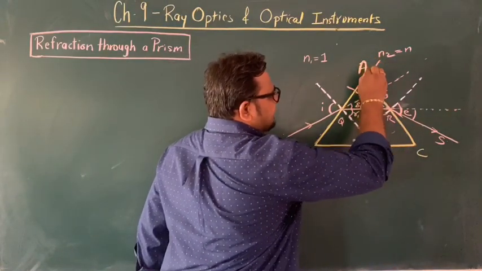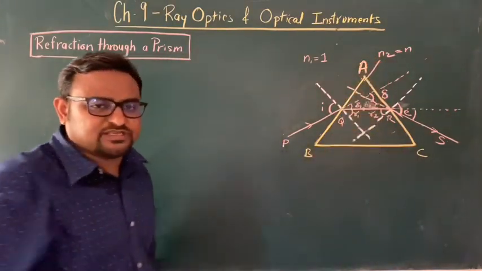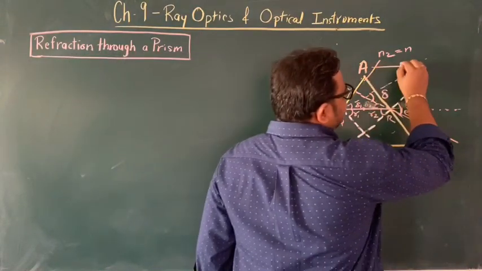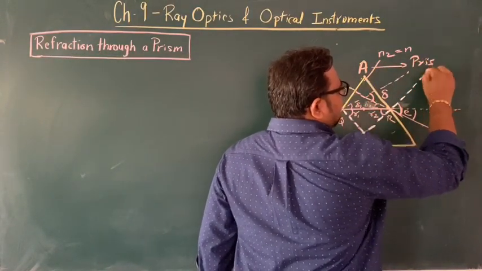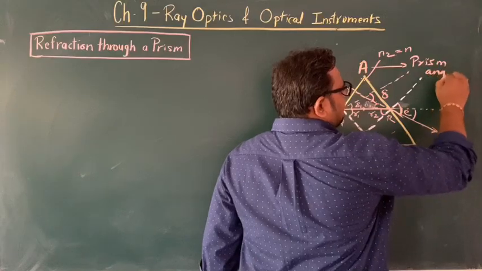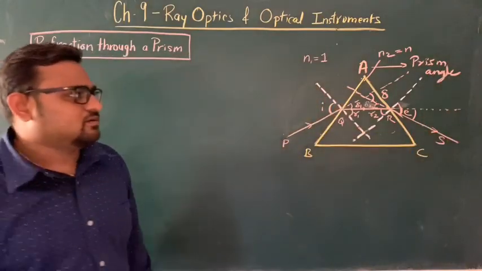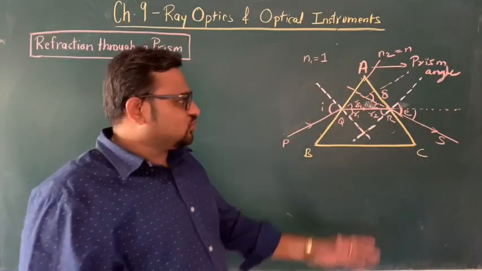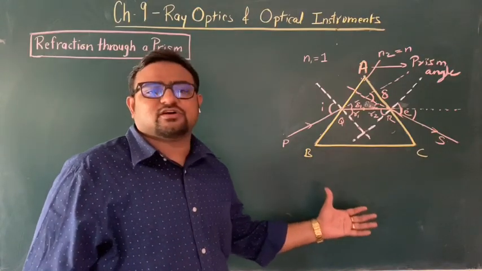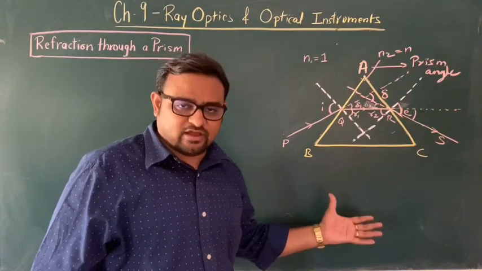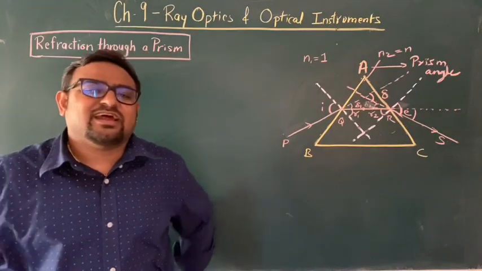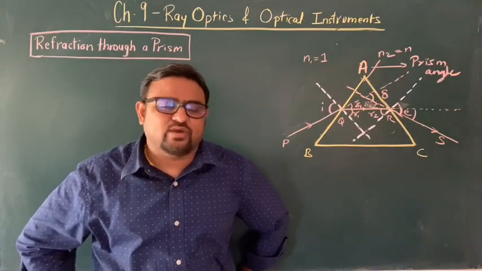A is the angle of prism. So this was about the figure. You need to first explain this figure. So first, let's derive the prism equation.